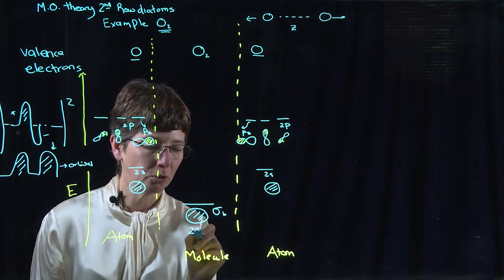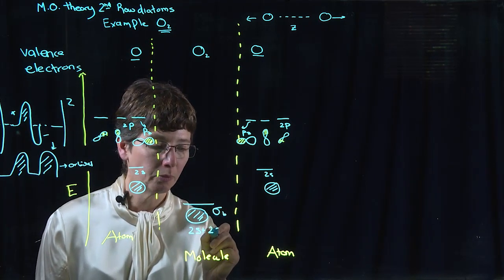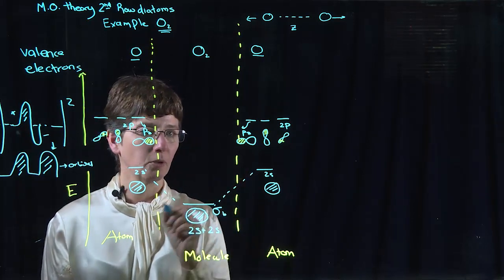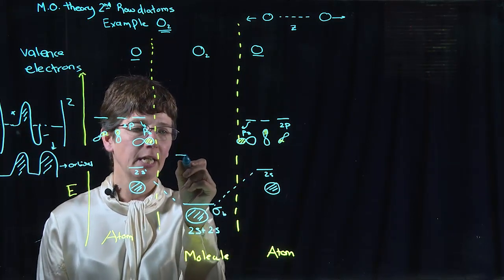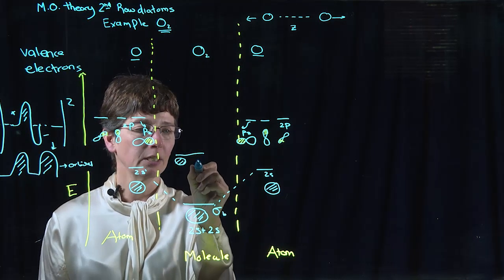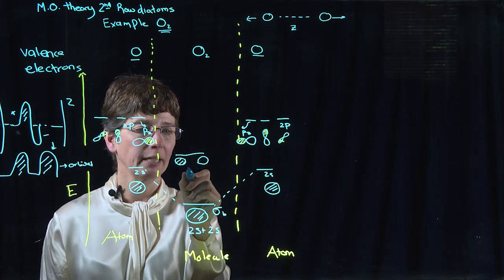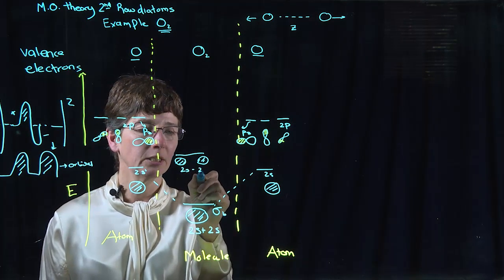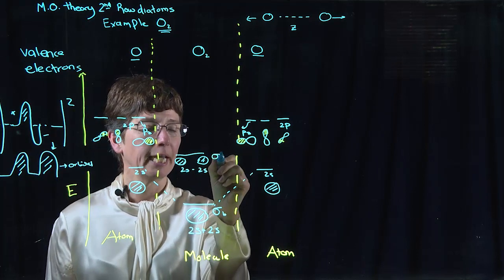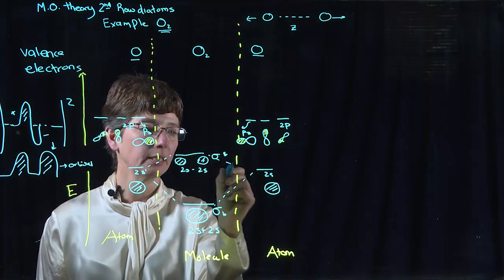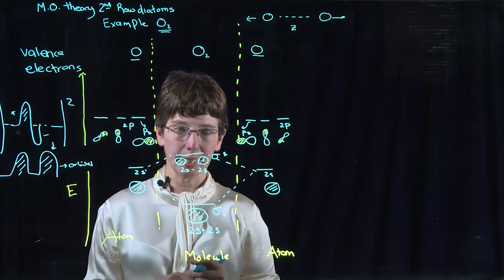It will be from 2s plus 2s, and that will be lower in energy than the atomic orbitals that it came from. And then we're going to make an anti-bonding molecular orbital, which will look like that, which will be 2s minus 2s, so this will be a sigma anti-bonding orbital, and that will be higher in energy than the atomic orbitals that it came from.